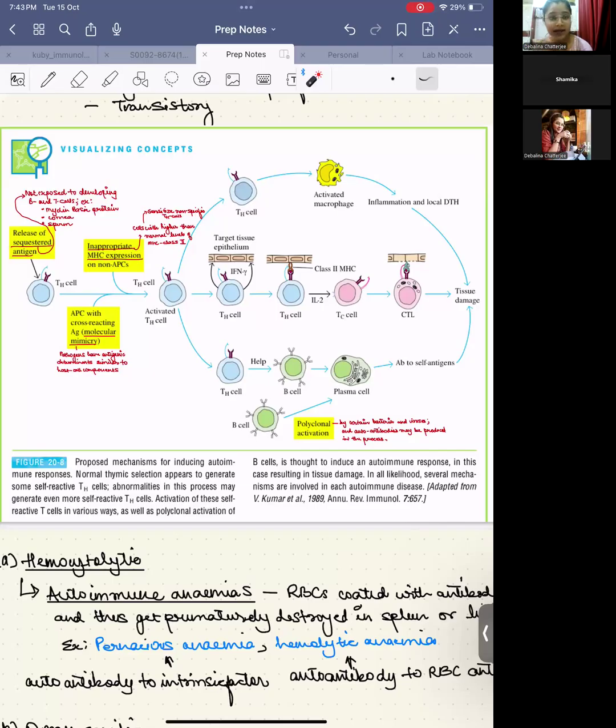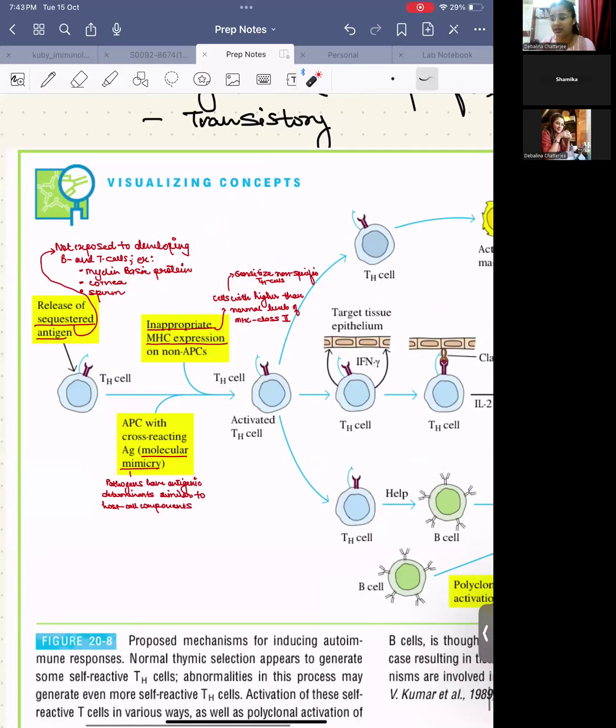Now when the antibody is produced against the myelin, it can reach the brain and damage the nerve cells, and that is how this process is known as release of sequestered antigens.